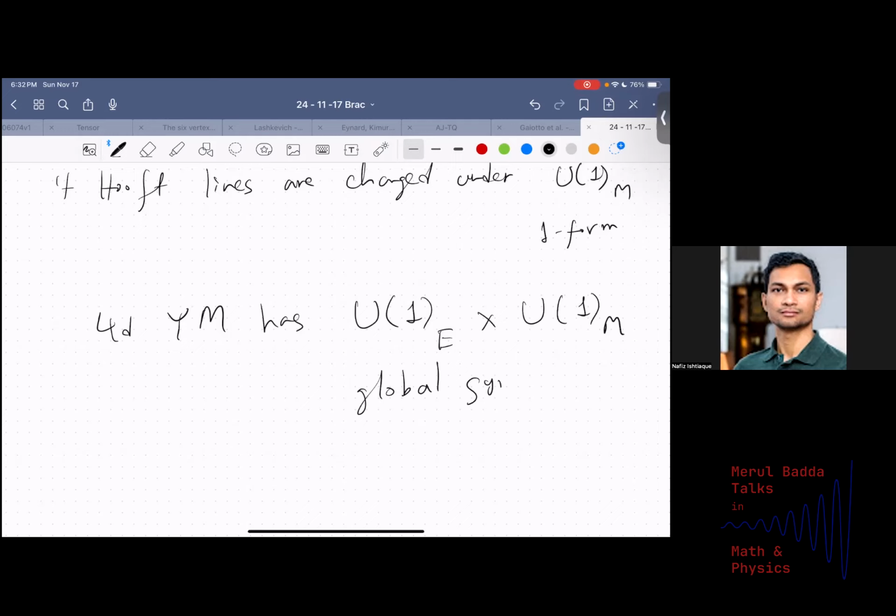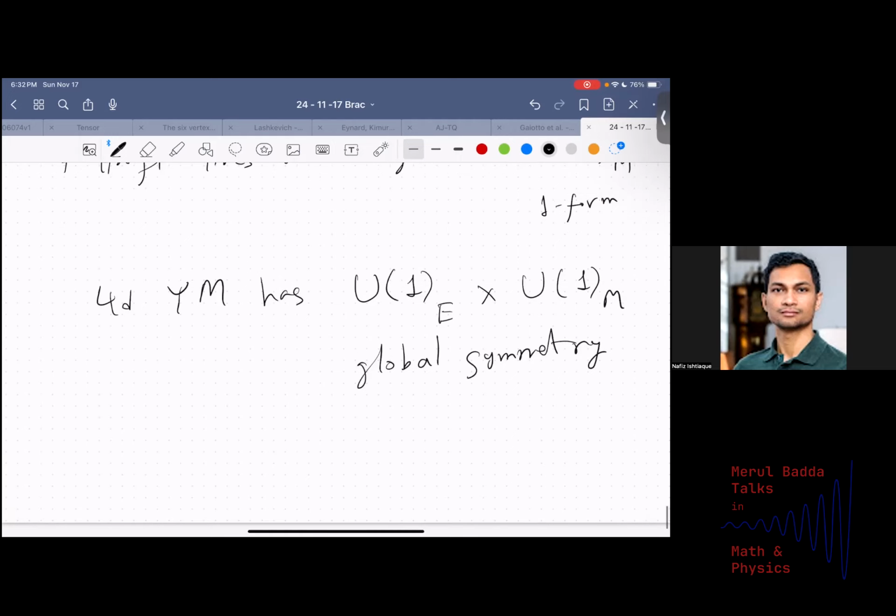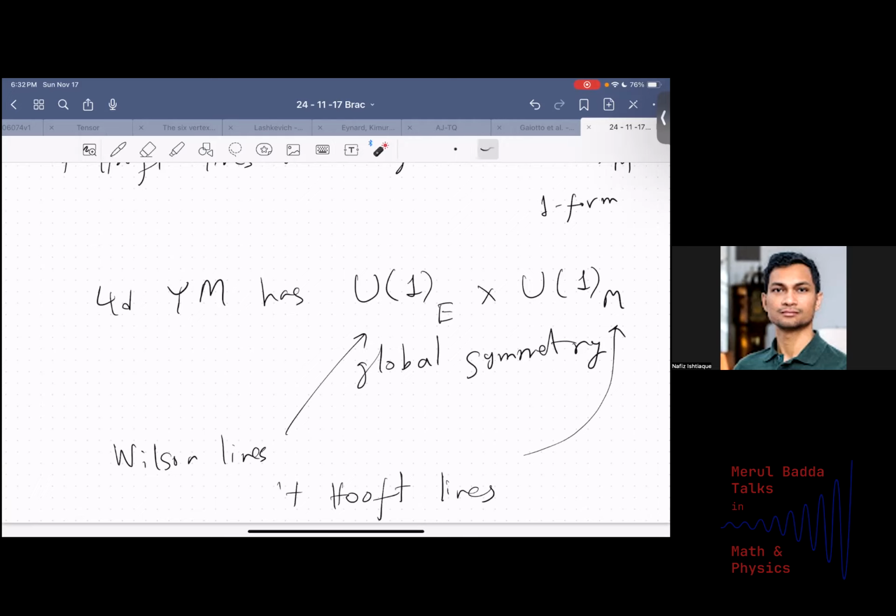And Wilson lines are charged under U1 electric, and 't Hooft lines are charged under U1 magnetic. Okay. So even in this extremely simple theory of electrodynamics, you have higher form symmetry, in this case one-form symmetries, that only act on the line operators of the theory.